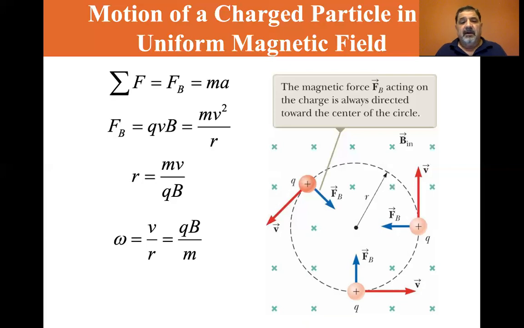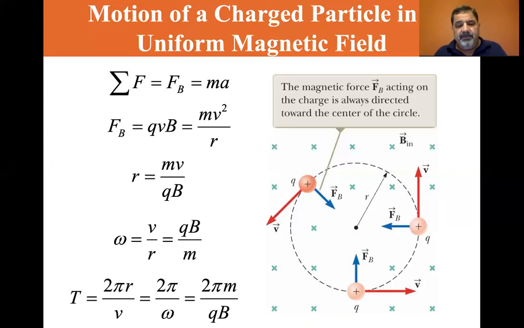All we did there was put the R in the denominator and put the M on the other side, inverted it. So the angular velocity is found by QB over M.